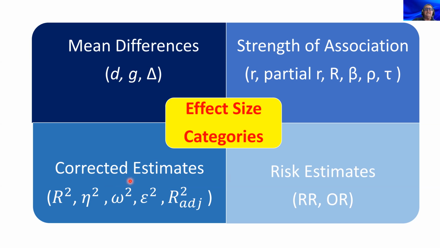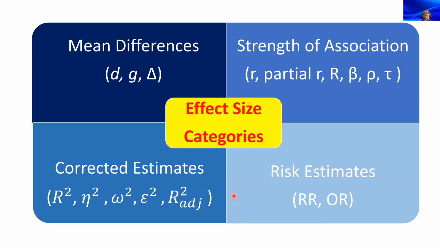We could look at corrected estimates, which are the proportion of variance explained: eta squared, omega squared, epsilon squared, and the R squared adjusted. And then we have another category in terms of the risk estimates.